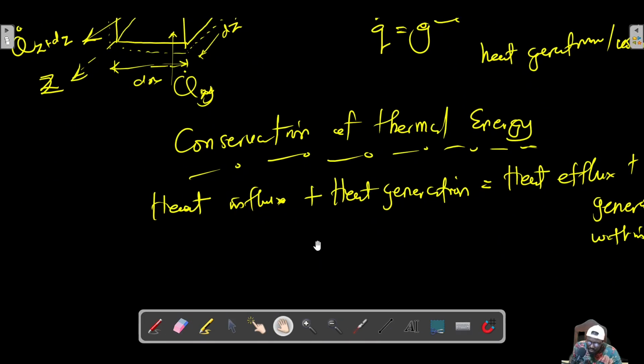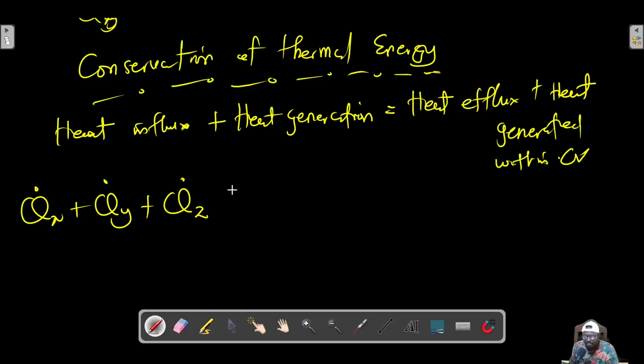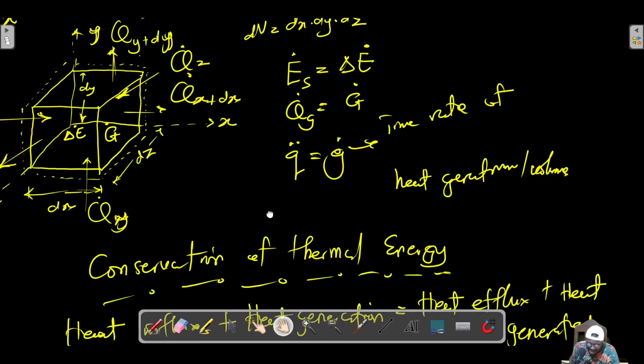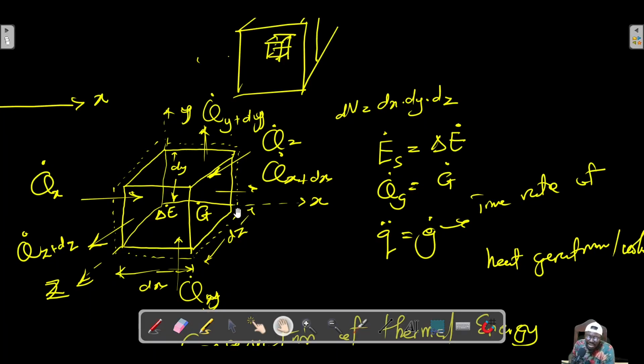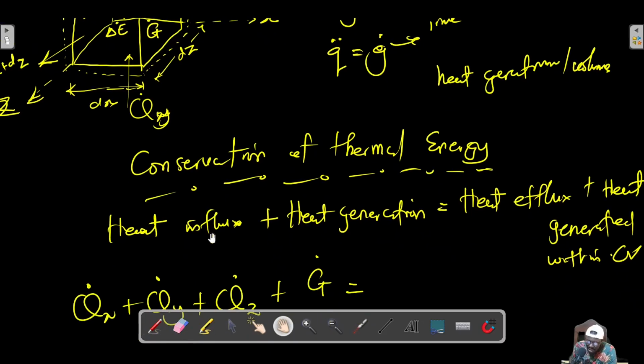So the heat influx will be Qx dot plus Qy dot plus Qz dot plus the heat generation, as I said, is J dot, is equal to, now what is my heat efflux? That is the heat quantities or the heat flow rate out of the control volume. They are Q dot subscript X plus dx, Q dot subscript Y plus dy, Q dot subscript Z plus dz. So those are the heat quantities leaving my control volume.